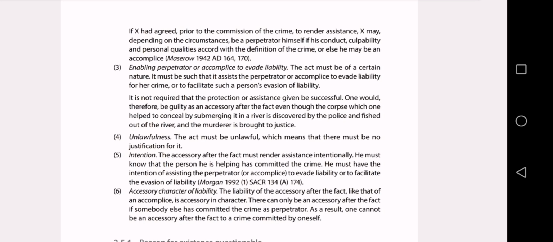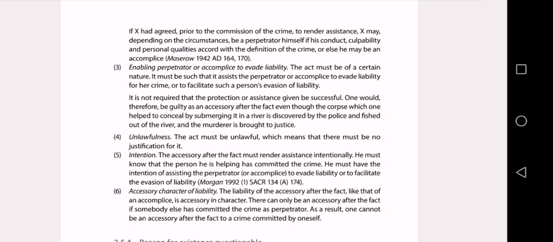Enabling the perpetrator or accomplice to evade liability, the act must be of a certain nature. It must be such that it assists the perpetrator or accomplice to evade liability for her crime, or to facilitate such person's evasion of liability.